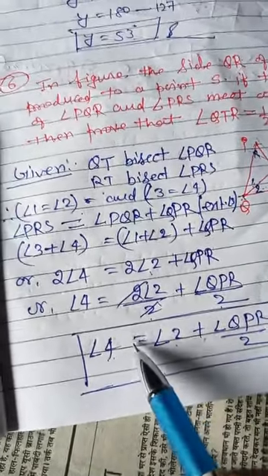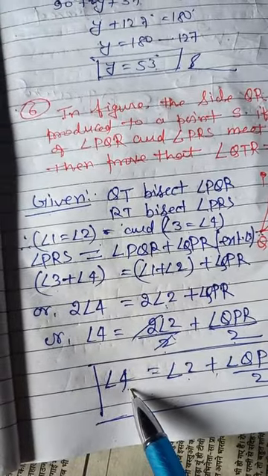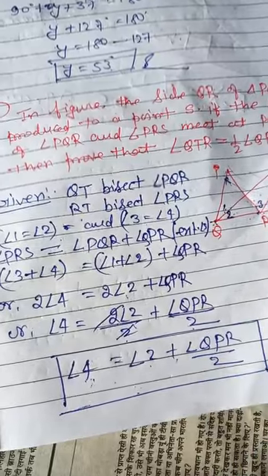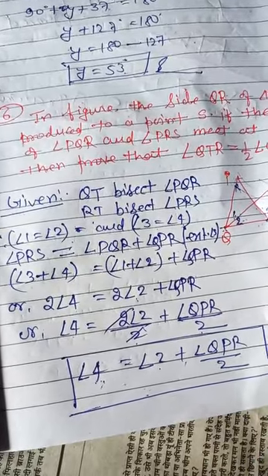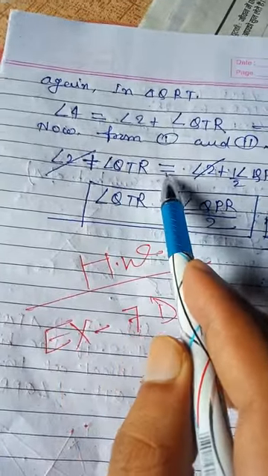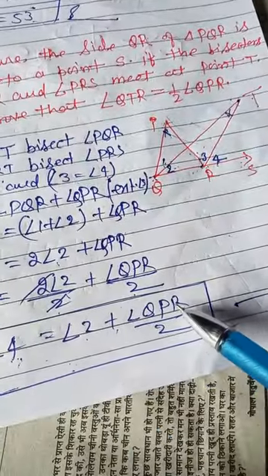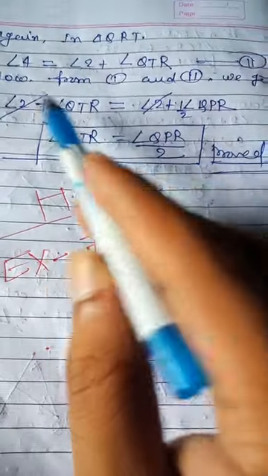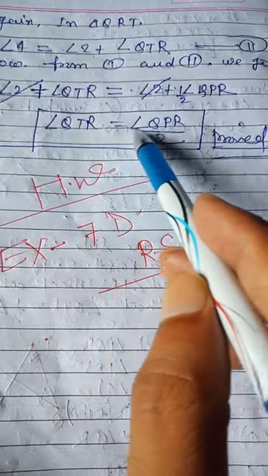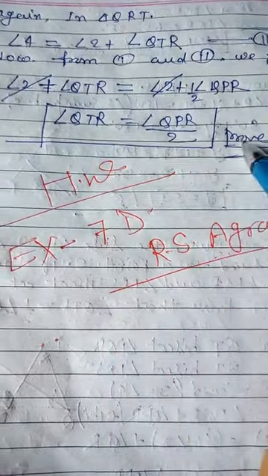If the LHS of these two equations are equal, their RHS values are also equal. So angle 2 plus angle QTR is equal to angle 2 plus angle QPR by 2. Here angle 2 cancels, so we can write angle QTR equal to angle QPR by 2. Proved.